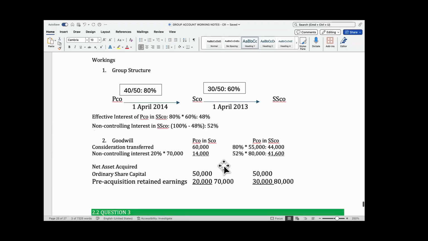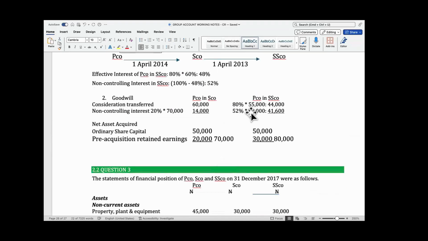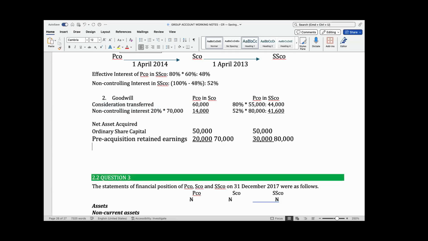But as far as this cancellation is concerned, this is the pattern we would follow based on the intention of each line item. This one is what we paid, and this is the value of NCI, so that we have 100% in ESCO and the 100% value for each line item in SSCO. Then we compare it against the net assets acquired. So that's why we are using each of those items separately there.